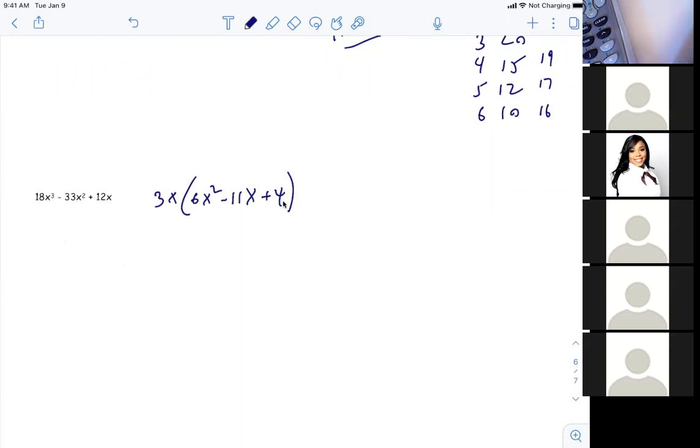So I do 6 times 4 is 24. And I need a pair of numbers that add up to negative 11. How about negative 8 and negative 3? Those multiply out to positive 24 and simultaneously add up to negative 11. So working on that by itself, I'm going to write 6x squared minus 8x minus 3x plus 4.